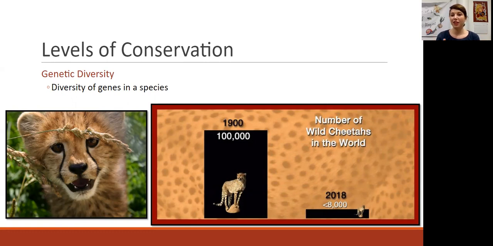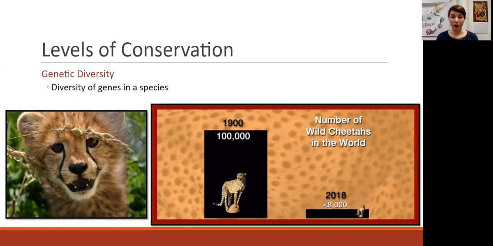So how much variation is there genetically in a population? And we talked about this a bit in our GMO module, how populations that are bounded by a small number of individuals have low genetic variation, and then you end up seeing some diseases kind of crop up because of that lack of variation.